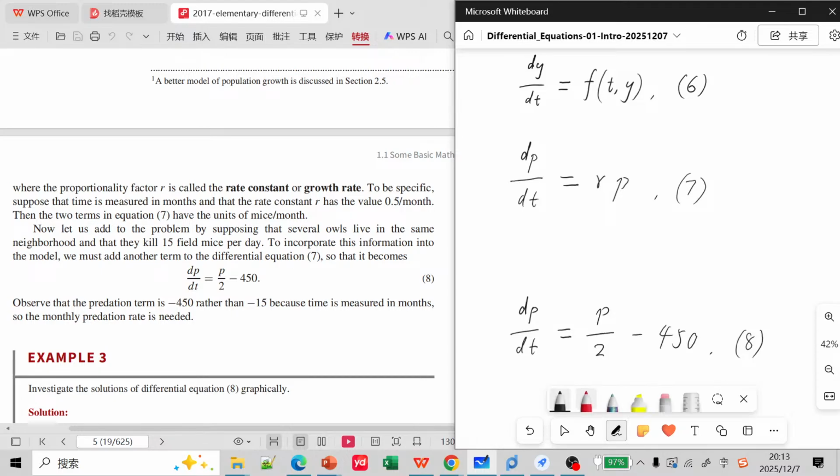So now t is in months, and r has the value 0.5 per month.